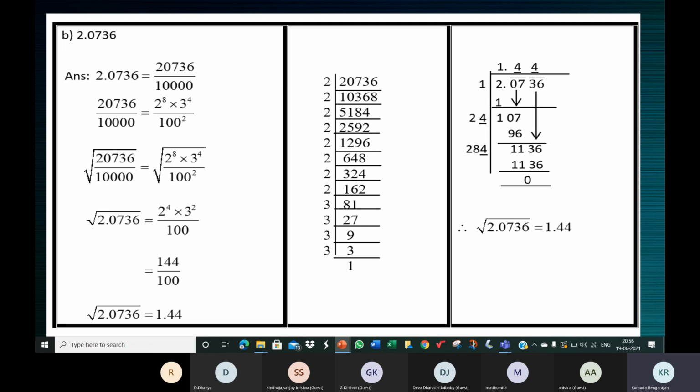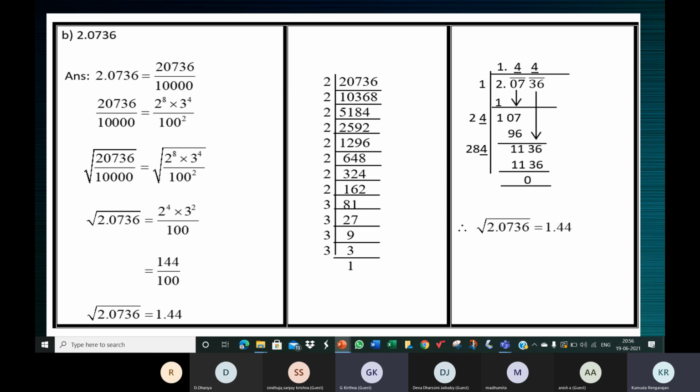Now this number 2809 ends with what digit? 9, ma'am. It ends with a digit 9. So 2809 maybe is 51 into 51 or 52 into 52, because it lies between 50 square and 60 square.